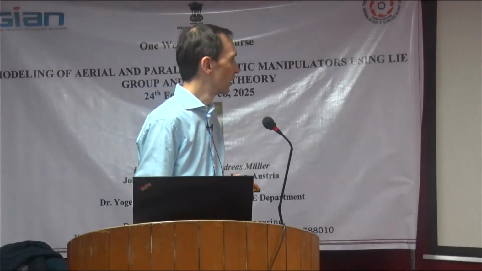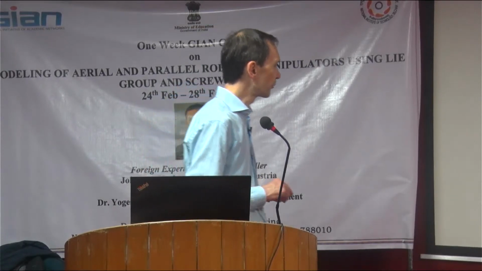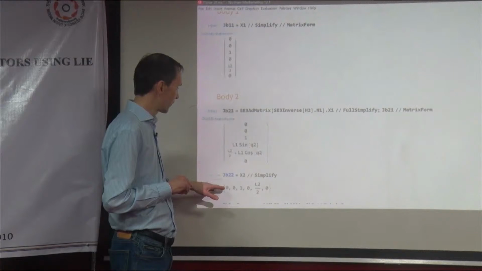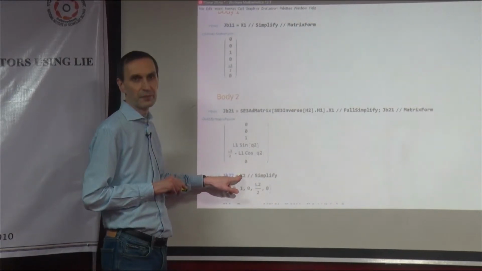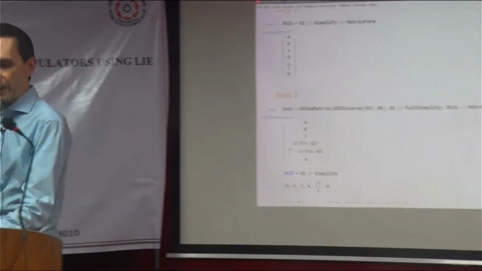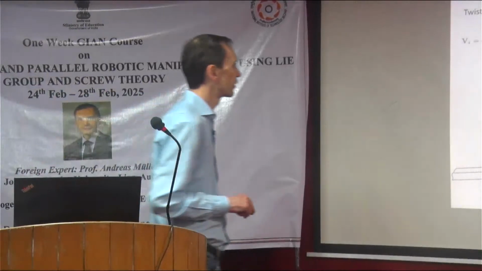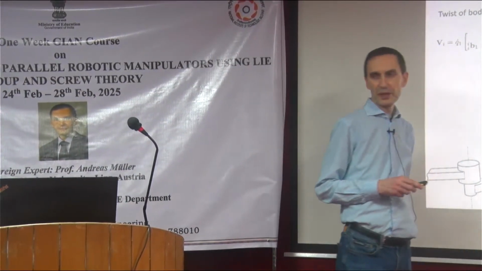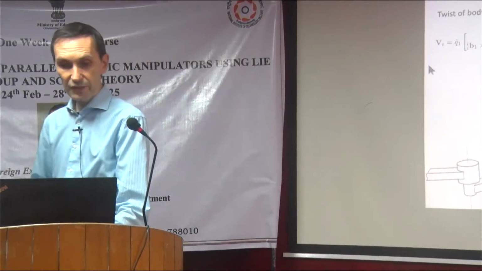And for the second column of the Jacobian of body 2, it's again just X2, according to our formula, because we have the identity there. And there we go. That's actually the end.